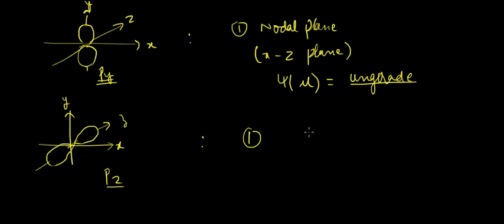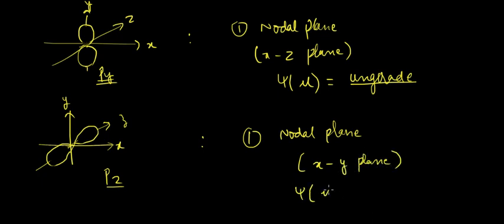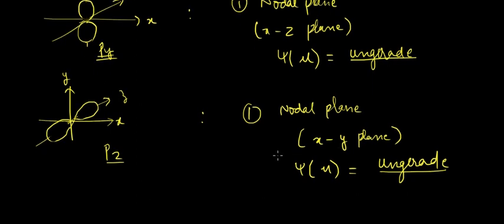Again this would have one nodal plane, and that would be xy plane, and again it would be ungerade, because it has odd number of nodal planes.